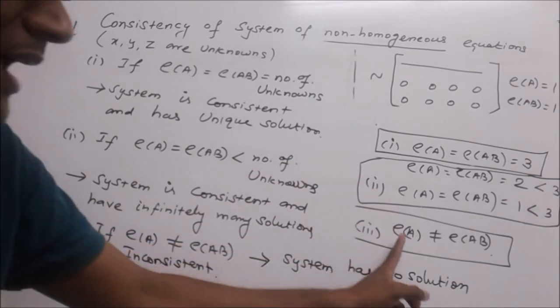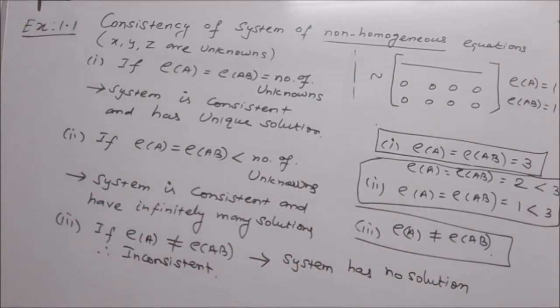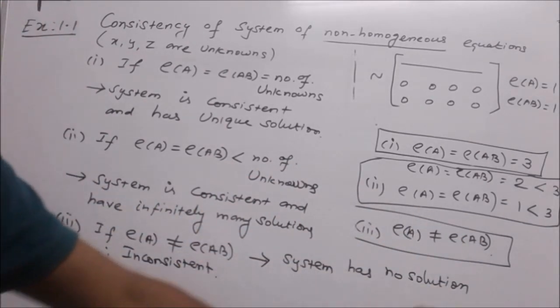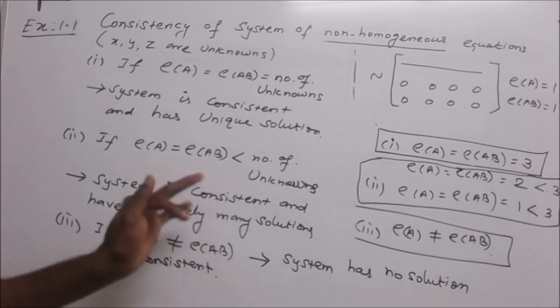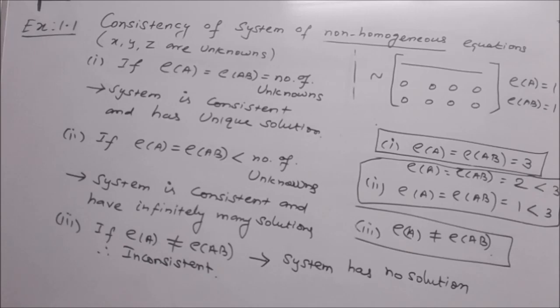The third case, rank of A not equal to rank of AB, the system has no solution, it is known as inconsistent. These are the ways to check the consistency of non-homogeneous system of equations.